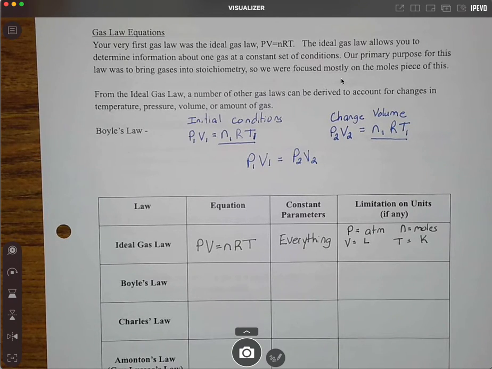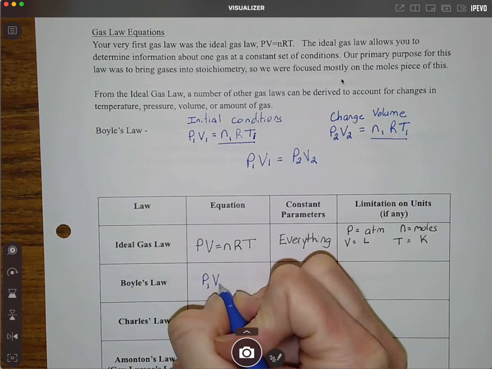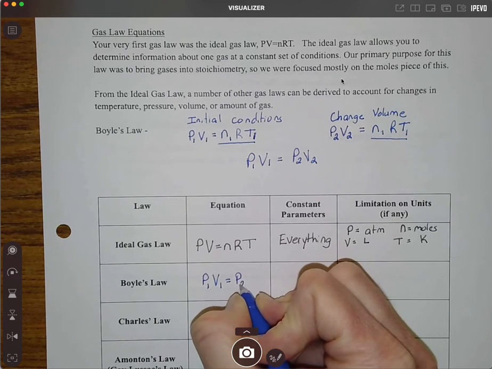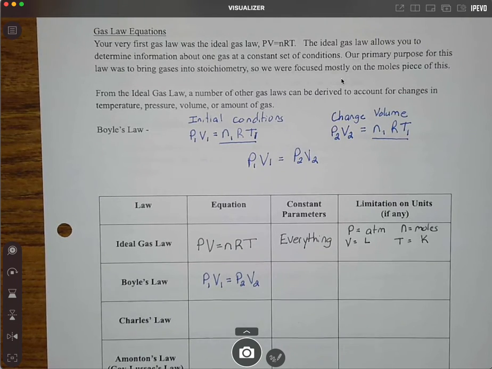And then we just derived Boyle's law here, which was that the pressure times the volume will remain constant no matter what you do. So if you multiply the pressure and the volume together, even if you change something, the product of the pressure and the volume is always going to stay the same.